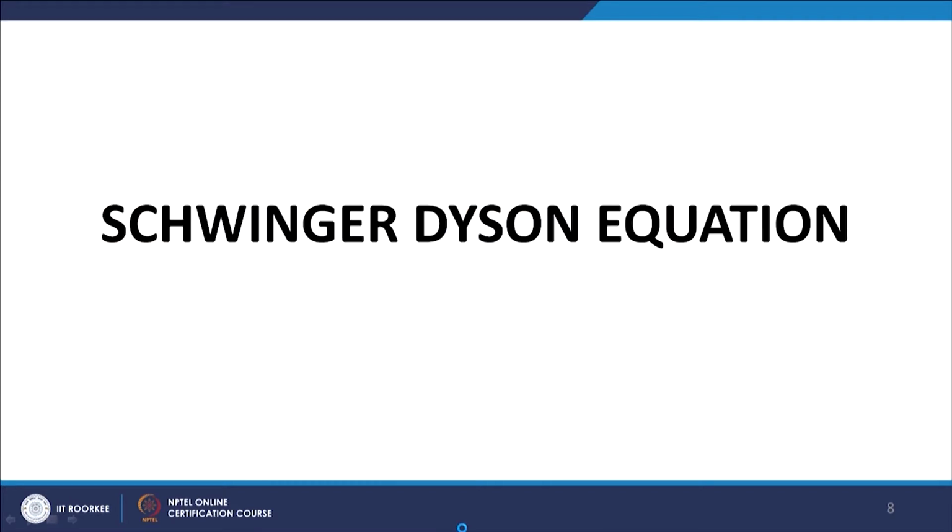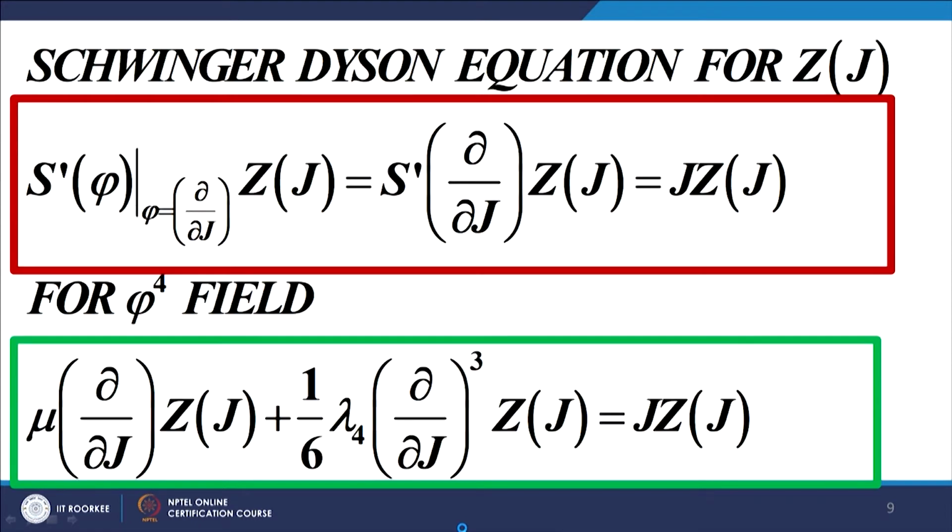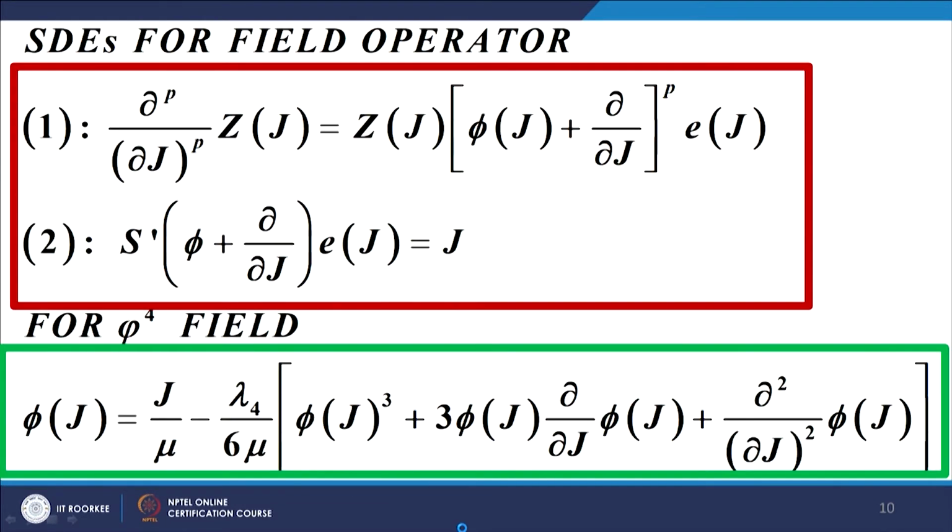We then obtain the Schwinger-Dyson equations for the path integral given in your red box, and the Schwinger-Dyson equation for the specific case of the phi 4 field interaction given in the green box. Then we obtained the Schwinger-Dyson equations for the field operators.